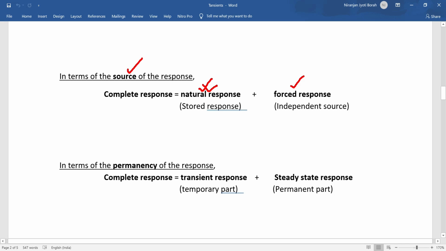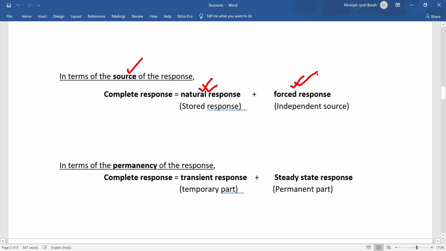It eventually dies out along with the transient component of the forced response, leaving only the steady state component of the forced response. Whereas the forced response is produced by the circuit when an external source is applied to the circuit.